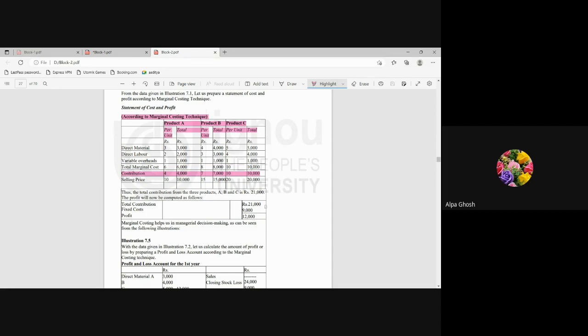Total contribution, which we got from adding the contribution of all the three products, 10 plus 7 plus 4, is 21,000. You subtract 9,000. So the balance, 21 minus 9,000, is 12,000, and 12,000 is your profit.